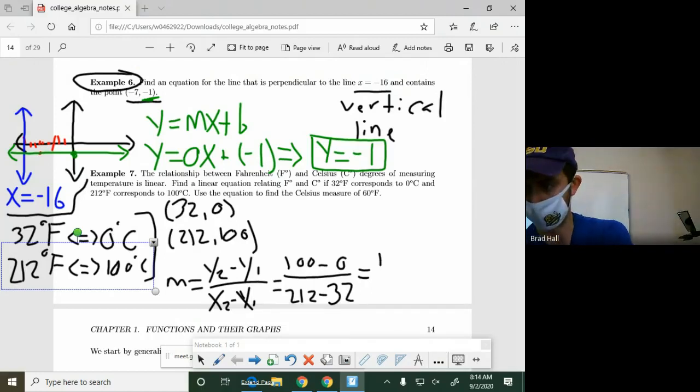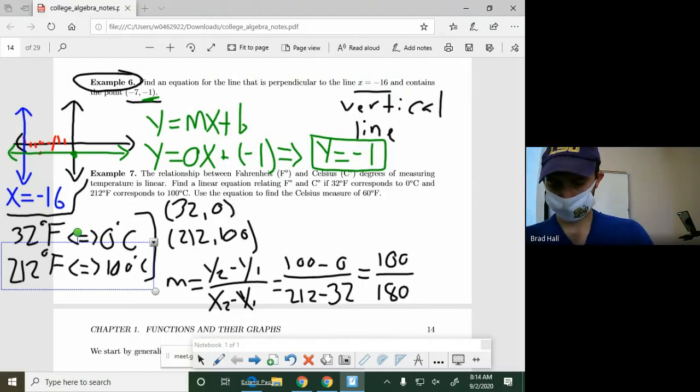So 100 minus 0, of course, is just 100. 212 minus 32, it's going to be 180. And so this comes out to be 100 over 180, which is 10 over 18, that's 5 over 9.